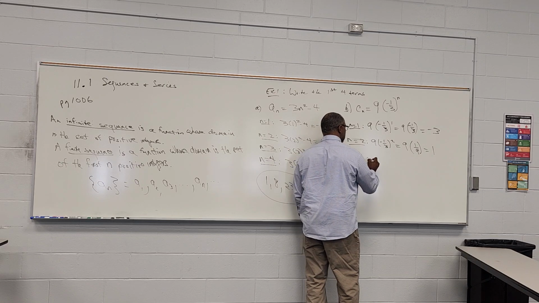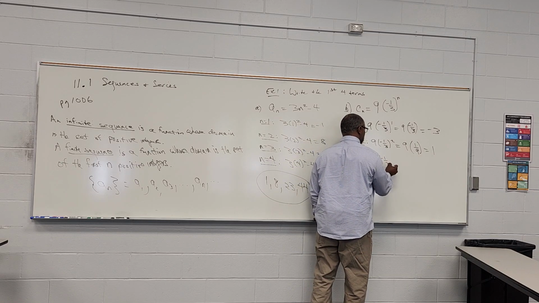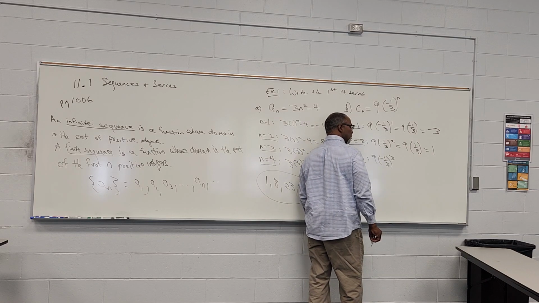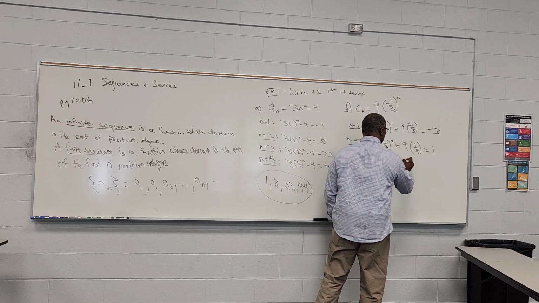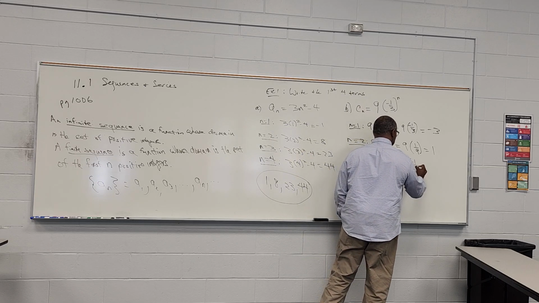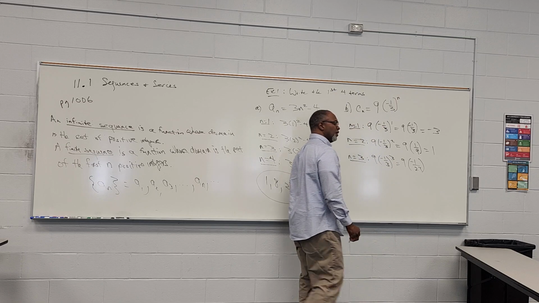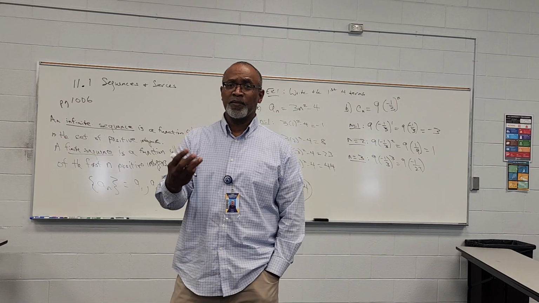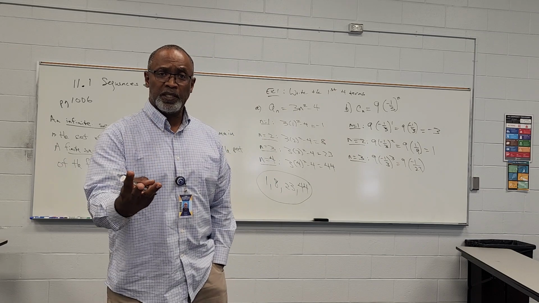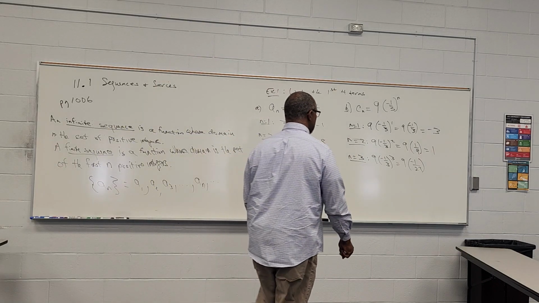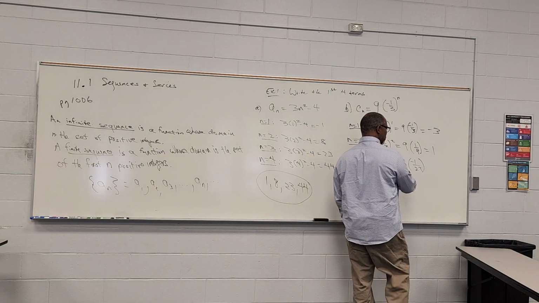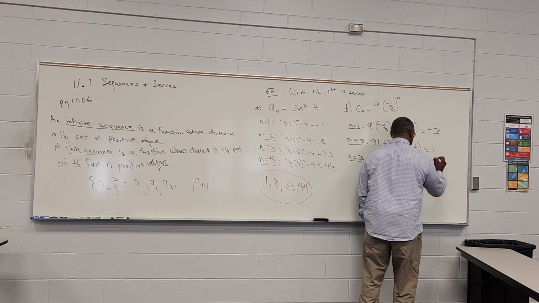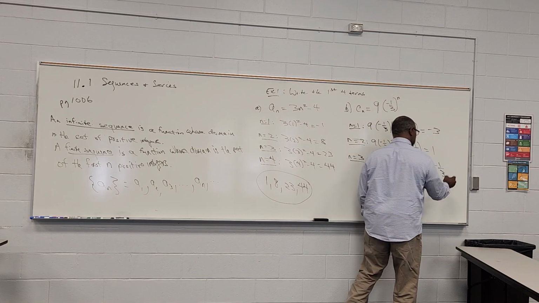When n is 3, you'll have 9 times negative 1/3 cubed. Take your calculator, cube negative 1/3, and you'll get negative 1 over 27, because negative 1 times negative 1 times negative 1 is negative 1, and 3 times 3 times 3 is 27. 9 times negative 1 over 27 would be negative 9 over 27, which is negative 1/3.